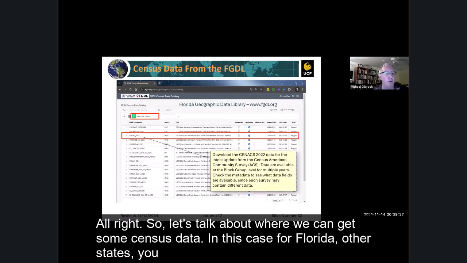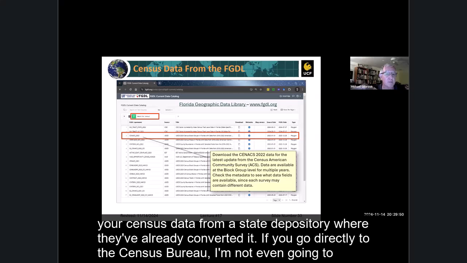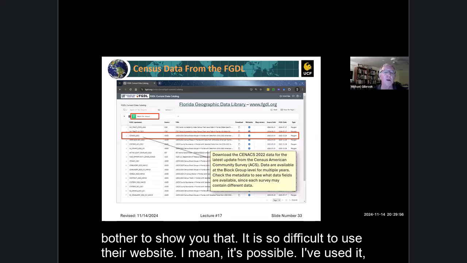All right, so let's talk about where we can get some census data. In this case, for Florida; other states will have their own GIS data depositories. And like I said, usually it's easier to get your census data from a state depository where they've already converted it. If you go directly to the Census Bureau, I'm not even going to bother to show you that. It is so difficult to use their website. I mean, it's possible.